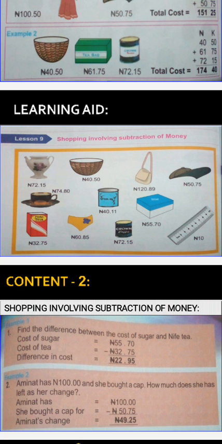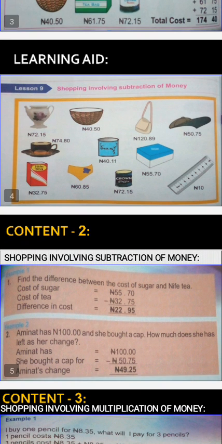Then there's 174 naira 80 kobo. So for any item picked, you should be able to tell which is bigger and which is smaller, and that's talking about subtraction, because for subtraction you put the big amount up and the small amount under.